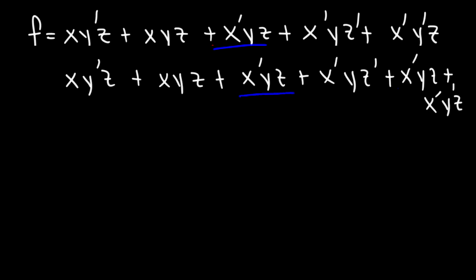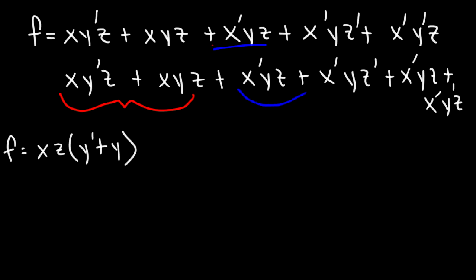So as you can see, here is the extra copy. Now let's see what's going to happen. So let's factor out the GCF in those two terms. So f is going to be x z times y prime plus y.